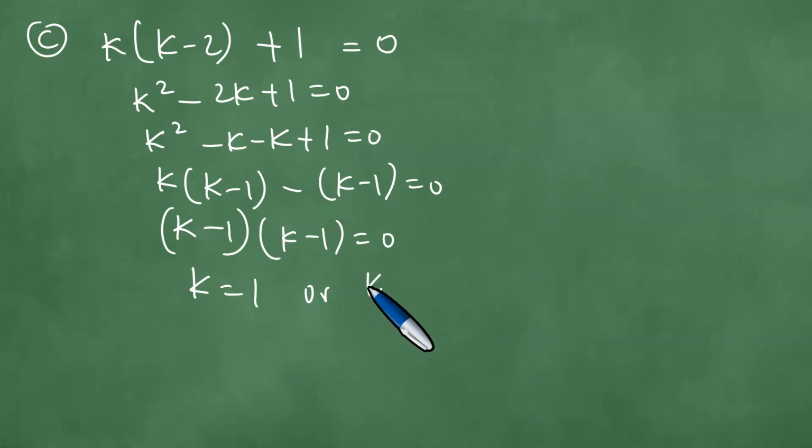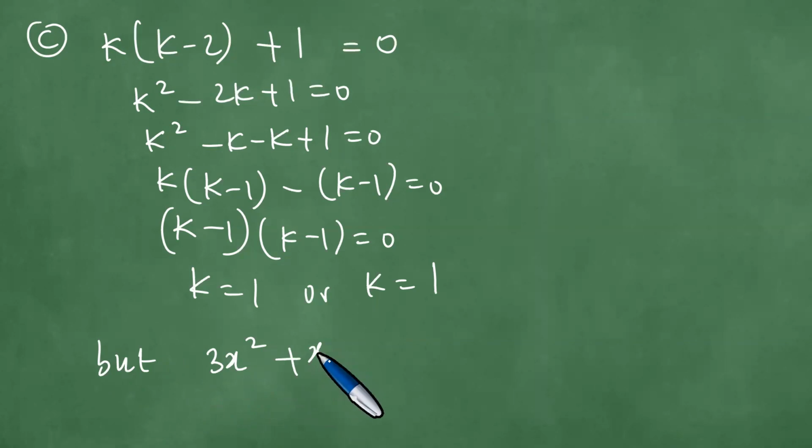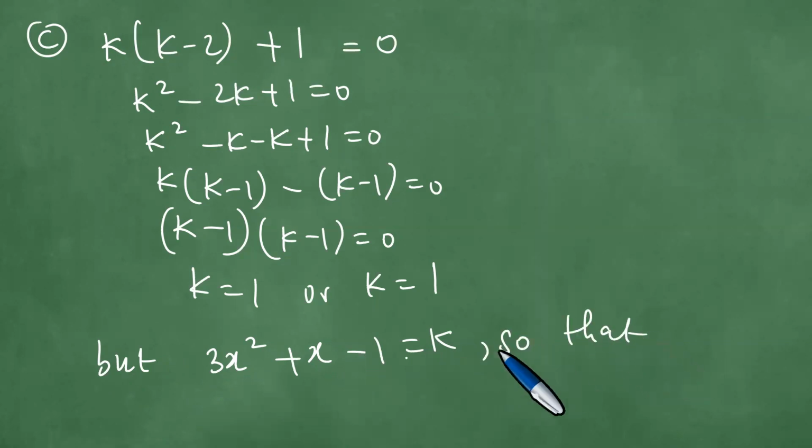And we need to proceed to simplify this. Okay, but what do we know? We know that 3x squared plus x minus 1 is actually k, so now, because 3x squared plus x minus 1 is k, we can equate 3x squared plus x minus 1 to 1.